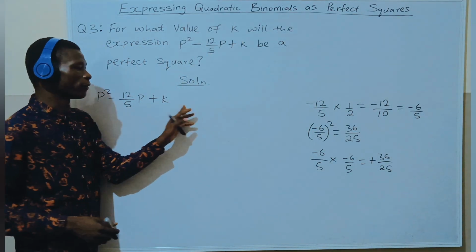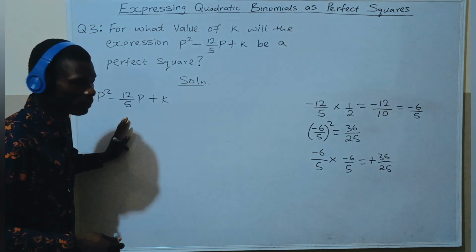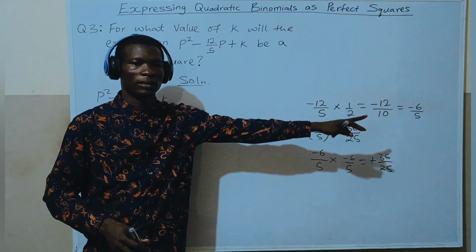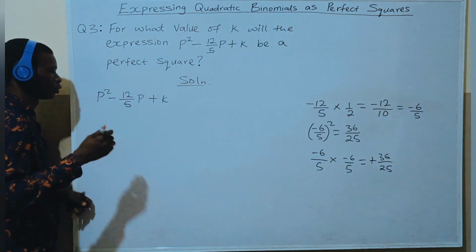So the value of k that will make this expression to be a perfect square is 36 over 25.